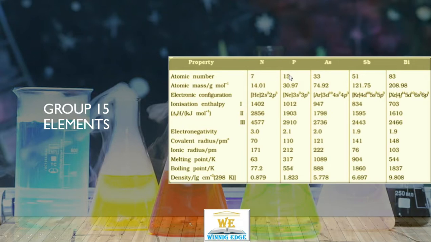So from here 8, 18, 18, 32. And atomic mass will increase. Now, electronic configuration: we know all these elements will have 5 valence electrons.